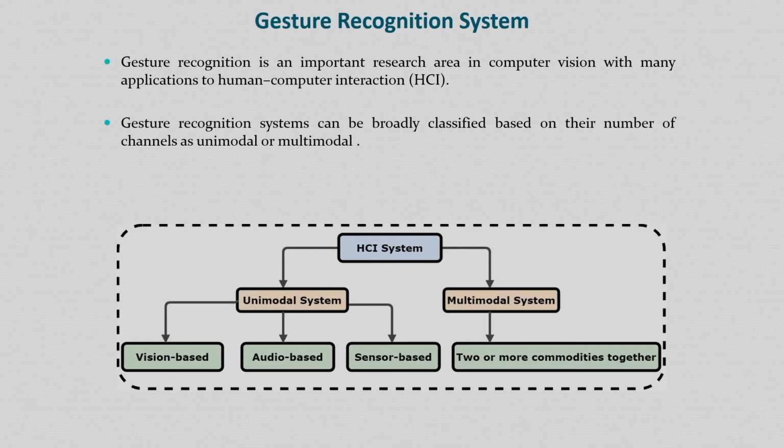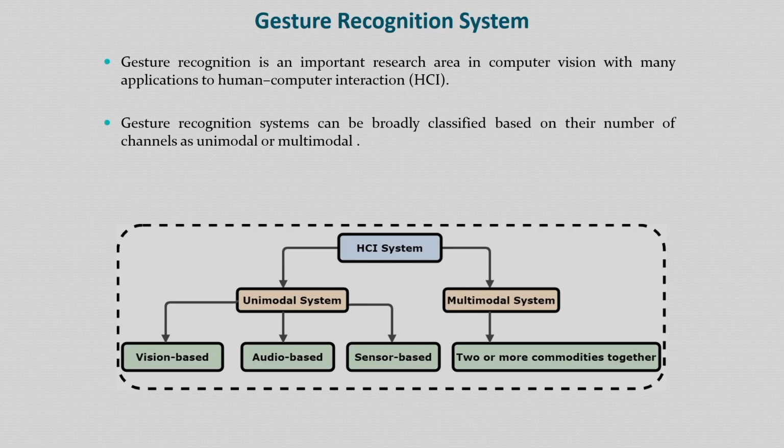For this gesture recognition system, that is the human computer interface system, it may be a unimodal system or a multimodal system. So for this we can consider the vision based system, that means the camera, or maybe the audio based system, or maybe the sensor based system like the data gloves. In case of the multimodal system, we can consider one or two modalities. That means I can combine the vision based and the audio based, or maybe the audio based plus sensor based.